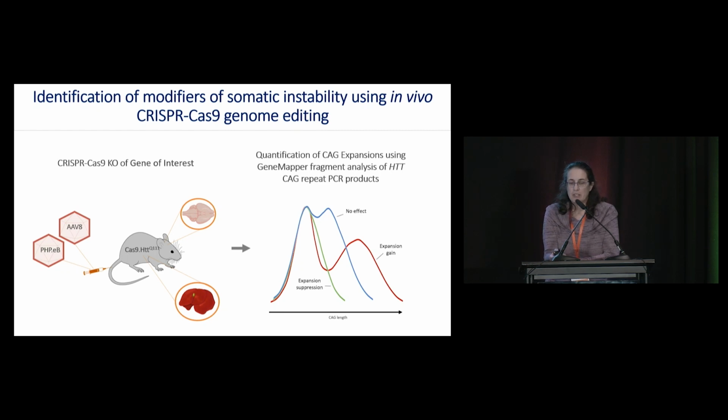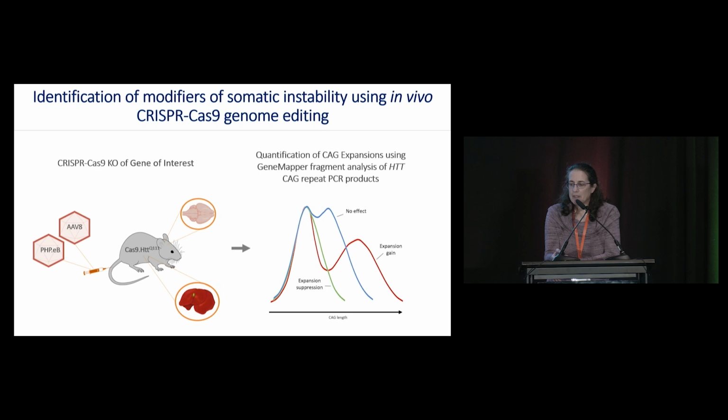Okay, so let me switch now to mice and work that we've been doing in the mice, and this has been a long-time collaboration with Ricardo, who started this work in my lab, and we've kept this going for a while.